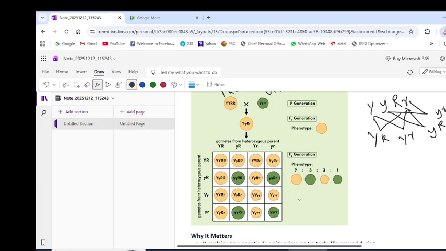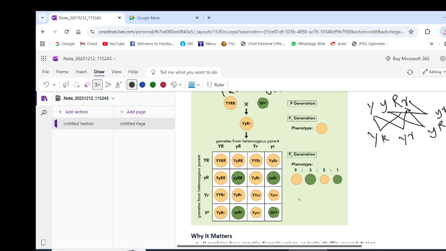And we consider the next row. What happens? Yellow round. This is again yellow round, and this is also yellow round. And in this case it is again yellow, but there are small r and small r here. Small r is for wrinkled.